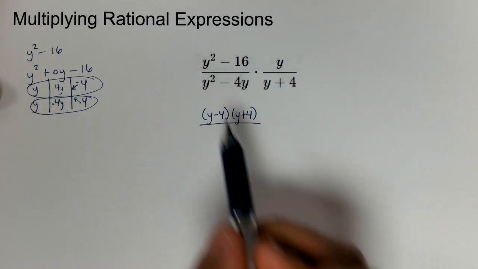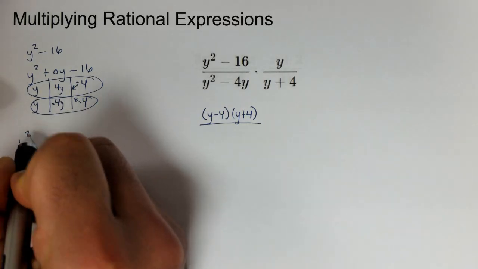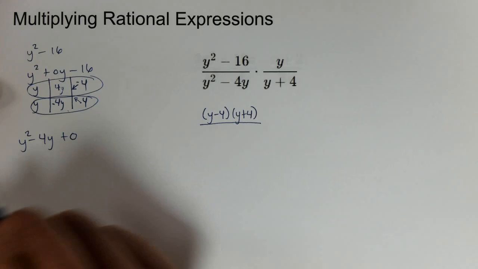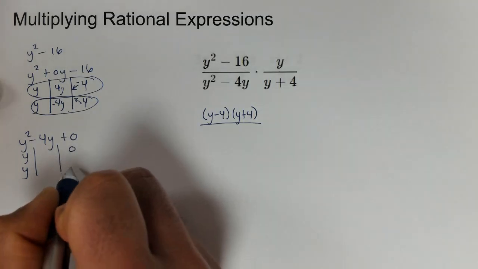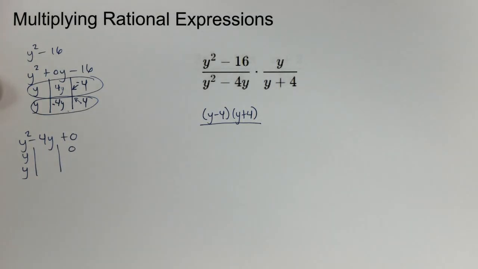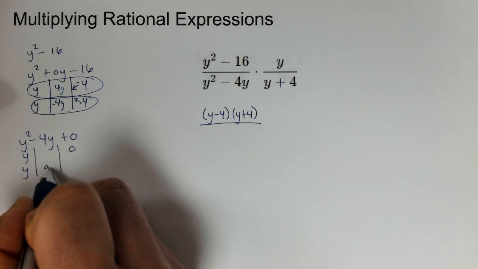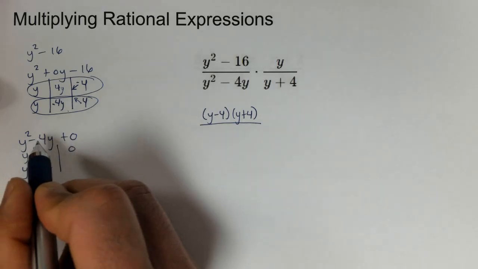I'm going to do something very similar with the denominator, right? I can do the 3 columns if you want, as long as I add the 0 in the back to get my third term, my c term. And then I can do y times y, and 0 times any number is going to give me 0. So if I'm cross multiplying, this gives me 0y. What times y will help me get a 4 here?